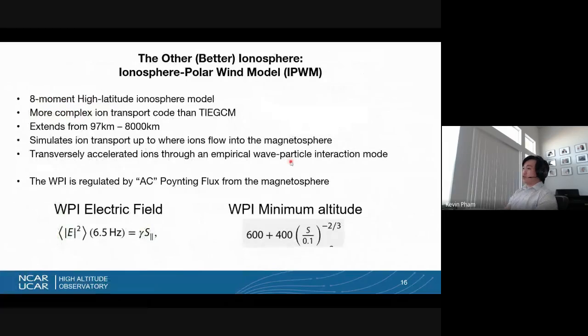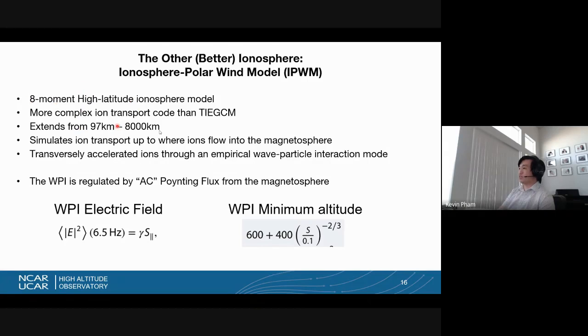All right, so moving forward in time, we've added a new and better ionosphere model known as the Ionosphere Polar Wind Model, or IPWM. It solves the 8-moment equations for the major species. It is a high latitude ionosphere model, so it goes from the pole down to about 60 degrees latitude.